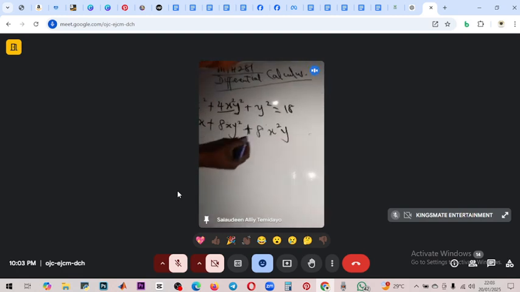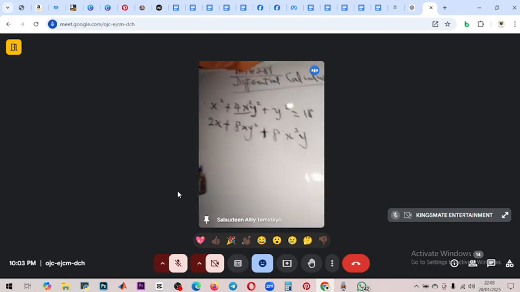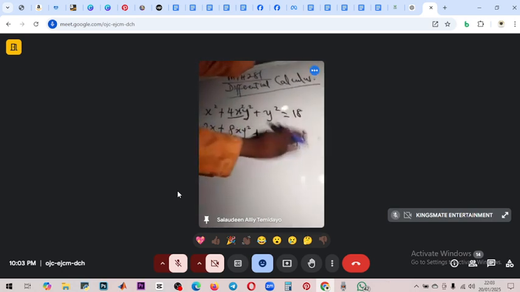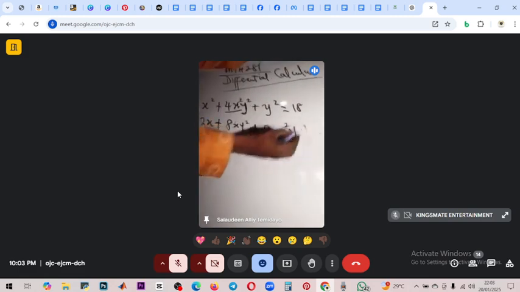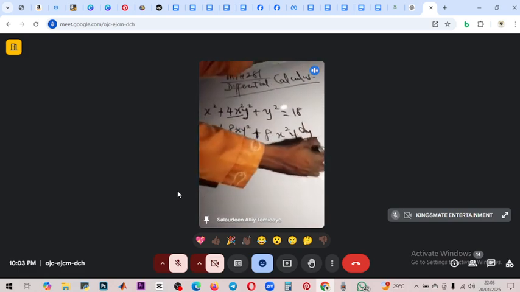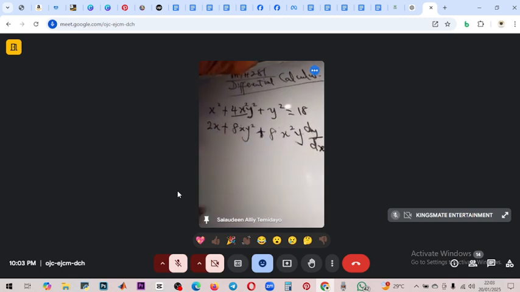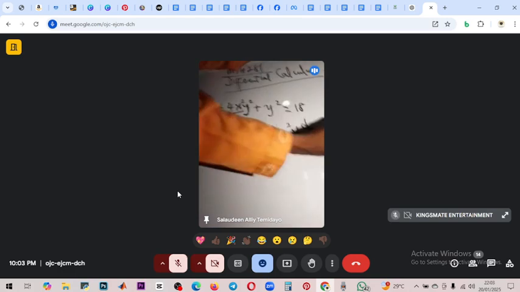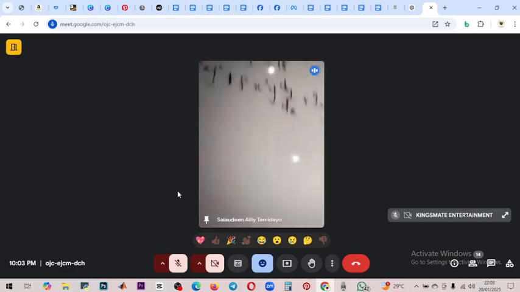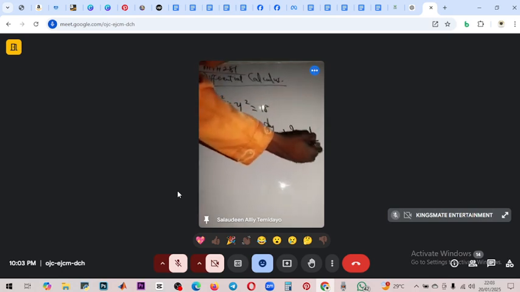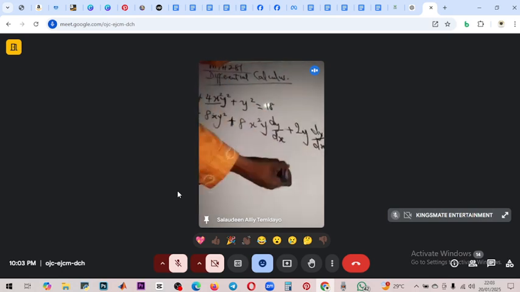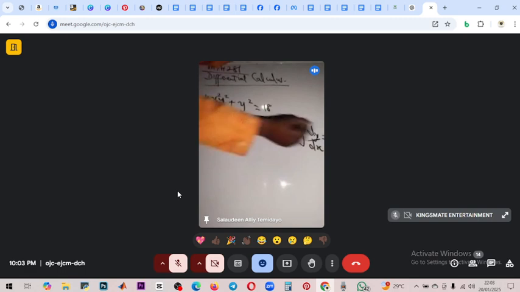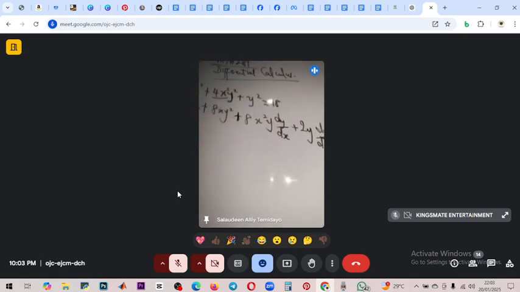Without trying this, you will still not understand it. But this one is differentiated with respect to y, so I have to put the dy dx. Plus y squared. Differentiate y squared, that is 2y, then dy dx. Is equal to differentiate 18, 0.